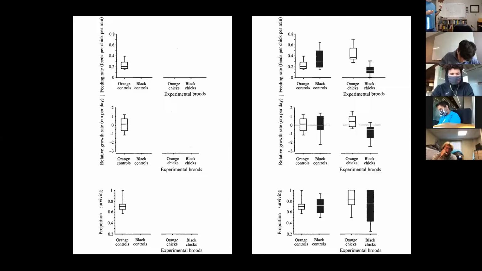You've seen graphs like this before? Yeah, that's what I was asking for. Okay. Sometimes these are called box and whisker plots or whisker plots because the whiskers represent the confidence intervals.